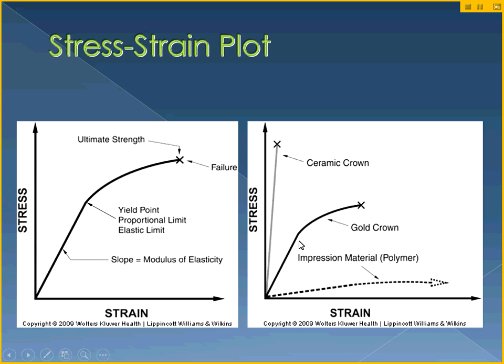A gold crown can withstand a significant amount of stress and strain before it breaks. Ceramic crown, don't need to put a lot of strain on it, but it can withstand a lot of stress before it actually breaks. So you can see here that a gold crown is much, much, much more difficult to break than impression material or ceramic crown.